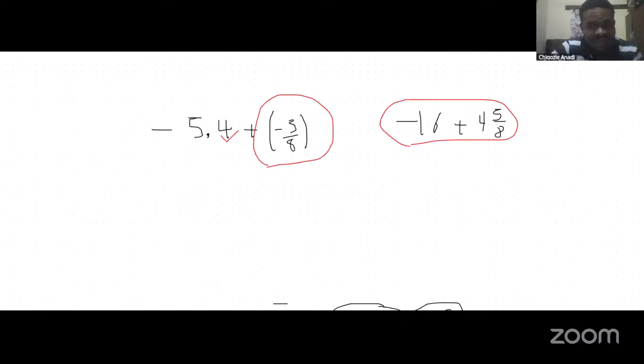Negative 16 plus 4 whole number 5 over 8. It's meant to be negative. Oh, wait, I have to check my book again.